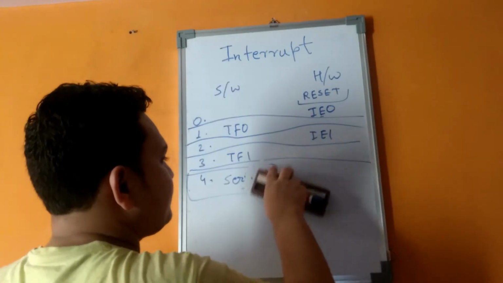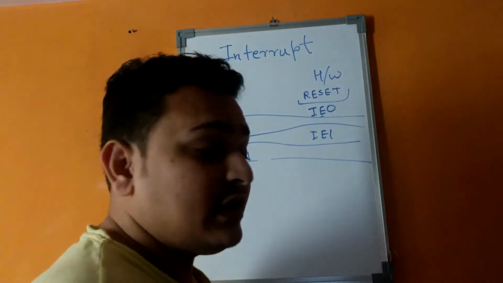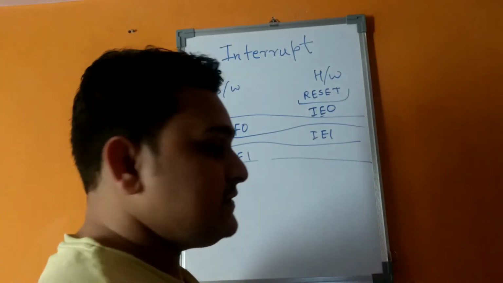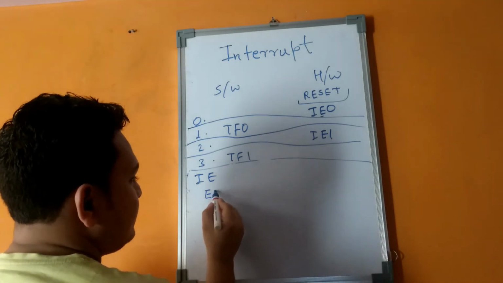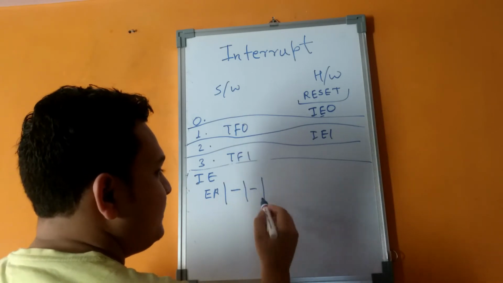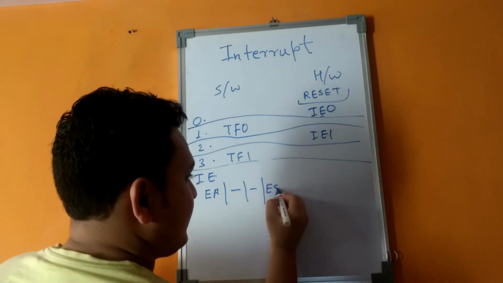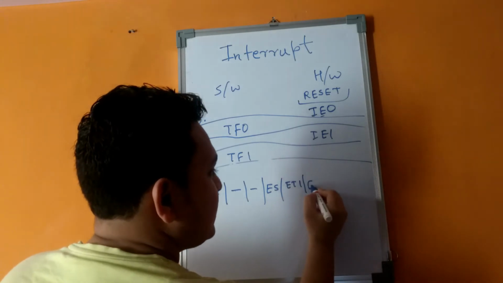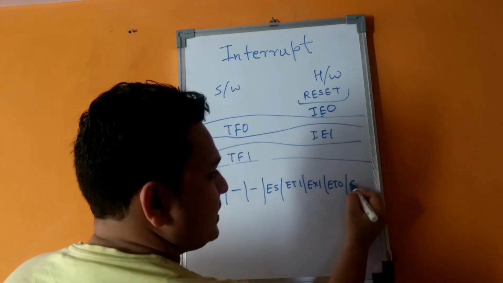So for the interrupt, there is one register called IE, the interrupt enable register. This register is an 8-bit register. First one is EA, second one is empty, third one is empty, and then ES, then ET1, EX1, ET0, and then EX0.